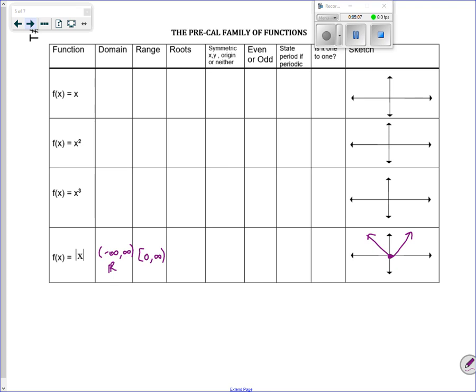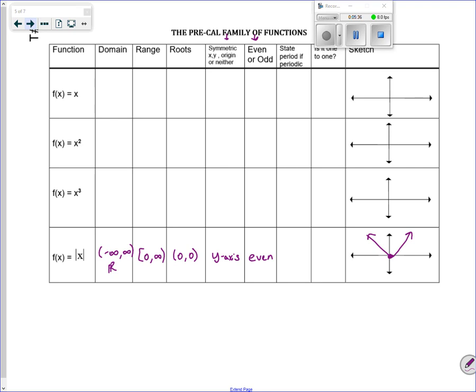Remember, roots are x-intercepts or zeros, so it has a root at 0, 0. These two columns, of course, go together. Symmetric x and y are origin. So this one is symmetric to the y-axis. Therefore, if it's symmetric to the y-axis, then that means it's an even function.